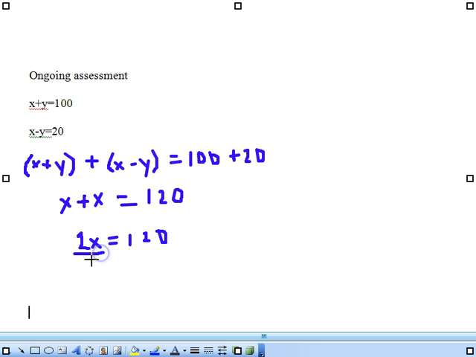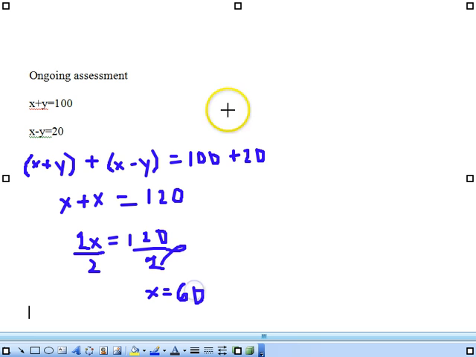And then you divide by 2 on both sides here. And you get that x is equal to 60.